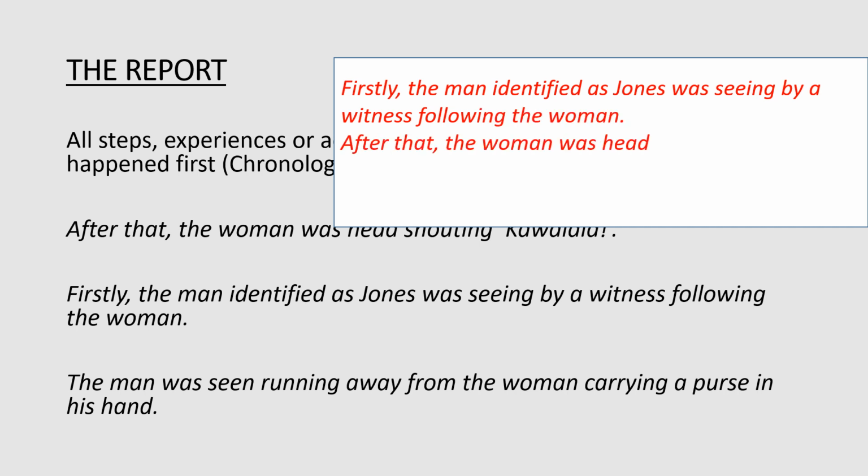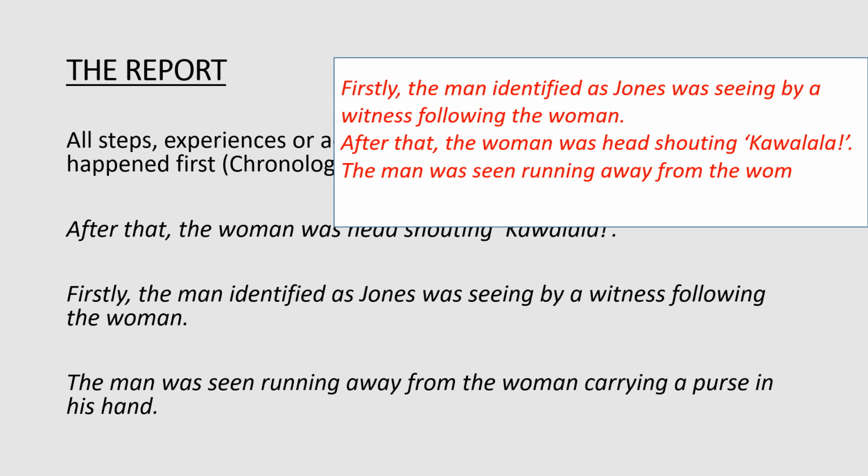After that, the woman was heard shouting Kawalala, and the man was seen running away from the woman carrying a purse in his hand. This makes sense now. So that's the job in an exam. You have to make sure that the points make sense.